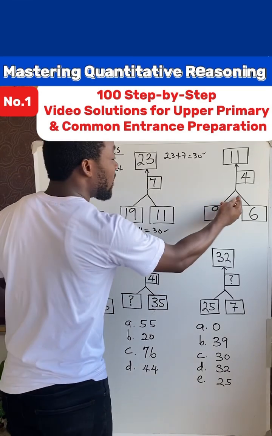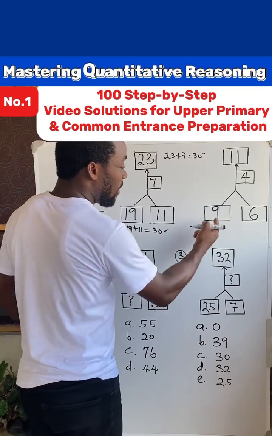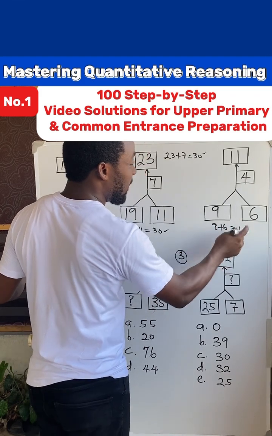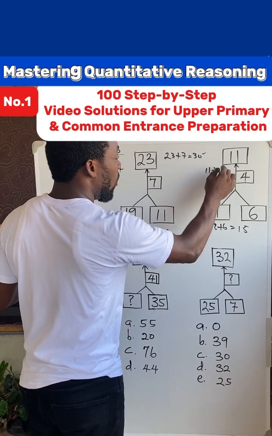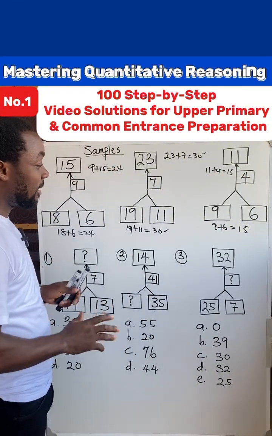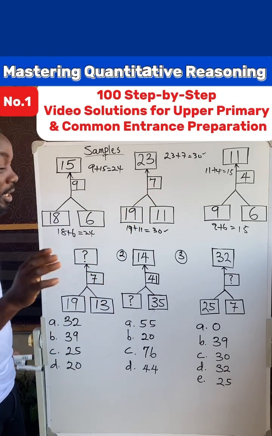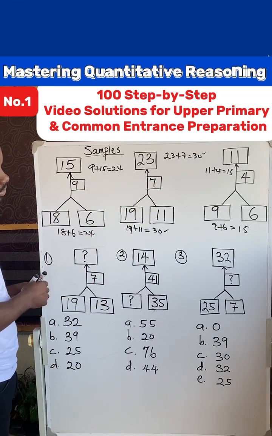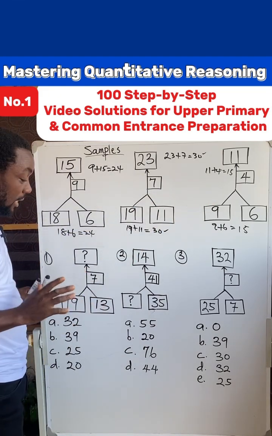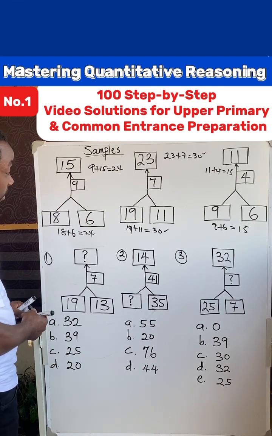So I check to see if that logic applies to the third sample. 9 plus 6 gives me 15. 11 plus 4 gives me 15. Wow, I am very sure that that is the logic applicable to this question. Now that I have tested that logic on the 3 samples and it is valid, I can quickly proceed to the answers.